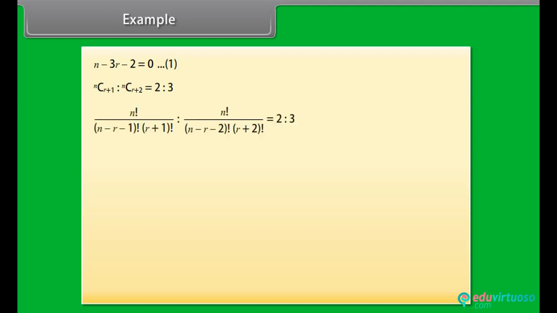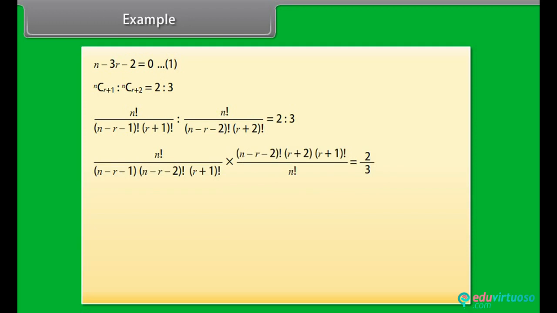nC(r plus 1) is to nC(r plus 2) is equal to 2:3. n factorial by (n minus r minus 1) factorial into (r plus 1) factorial is to n factorial by (n minus r minus 2) factorial into (r plus 2) factorial is equal to 2:3.